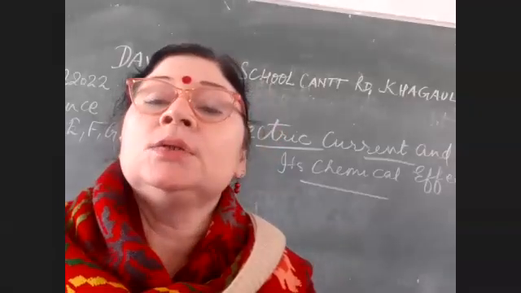So let's start the revision through question and answer. First, understand conductors and insulators. When we talk about conductors, at the same time insulators are also there. So let's start this chapter.